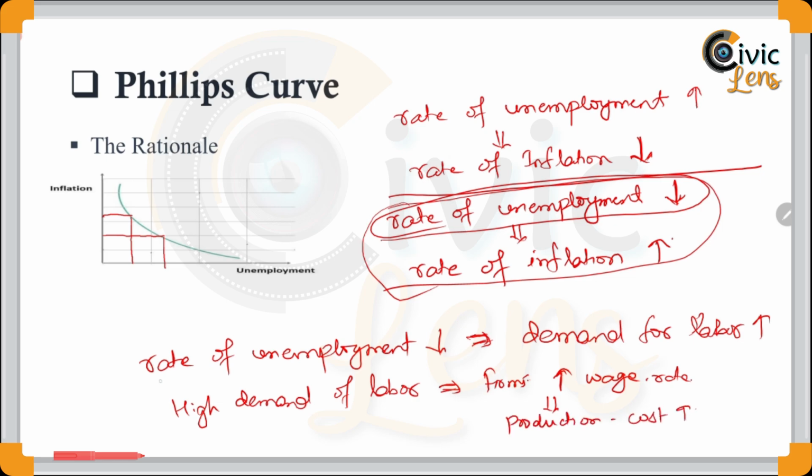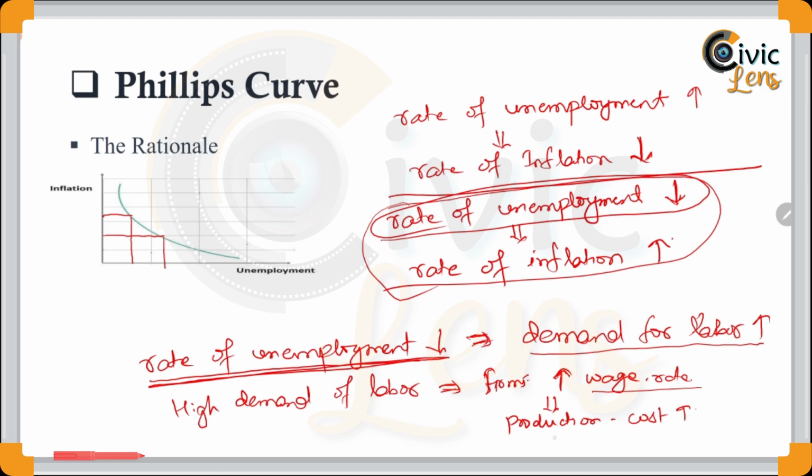So we saw that when the rate of unemployment is decreasing, that means demand for labor is increasing. So when there is a high demand for labor, firms, meaning factories or industries, will have to increase the wage rate of labor. That means production cost will increase.